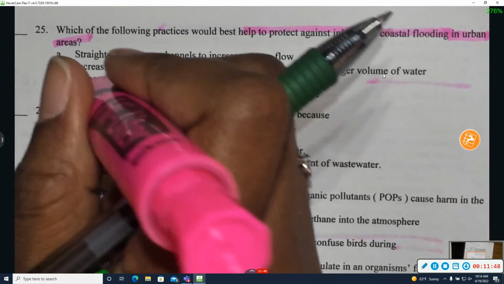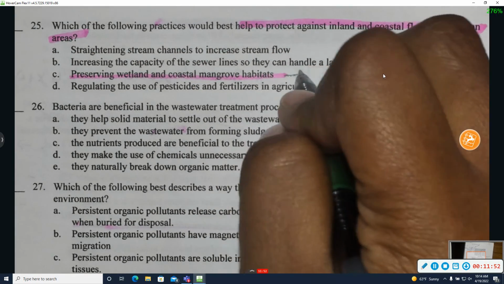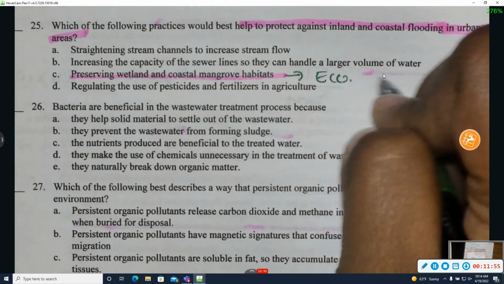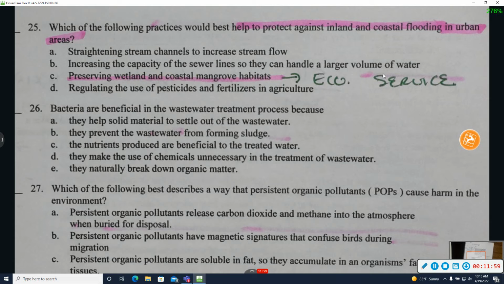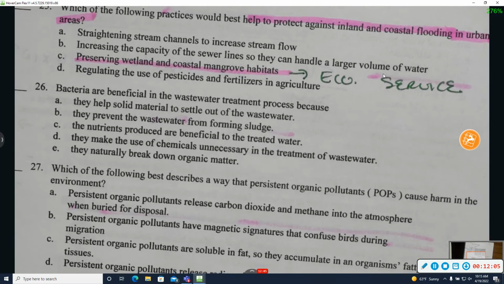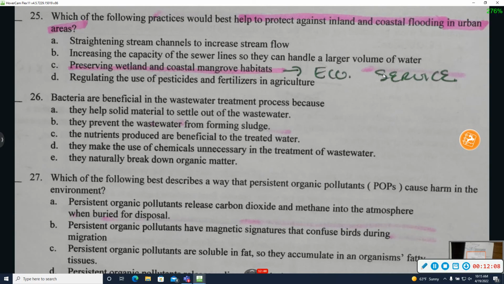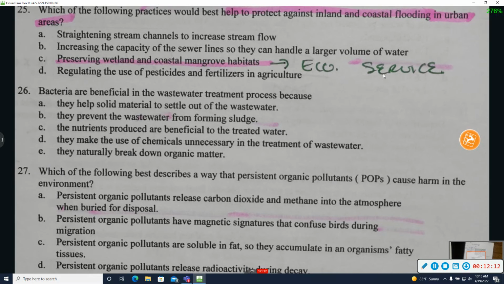So preserving the wetlands, that is its ecosystem service. It's what they do. The wetlands and mangrove forests also detoxify the water. They also get rid of pollutants. They're also habitat. So all of that good jazz.